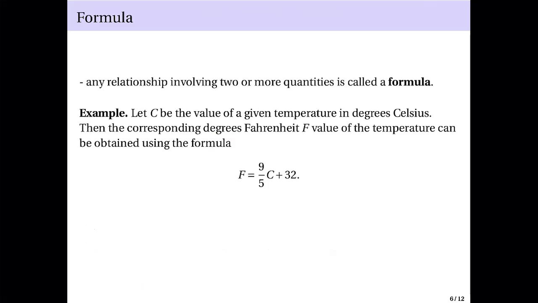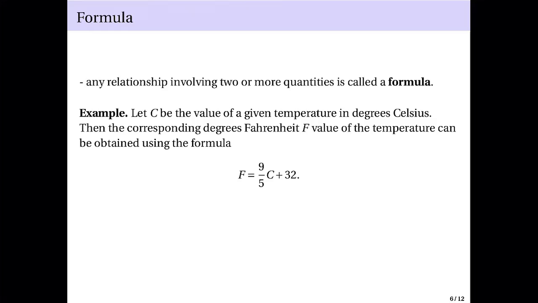Let C be the value of a given temperature in degrees Celsius. Then the corresponding degrees Fahrenheit value of the temperature can be obtained using this formula. So Fahrenheit F is equal to 9 over 5 C plus 32.